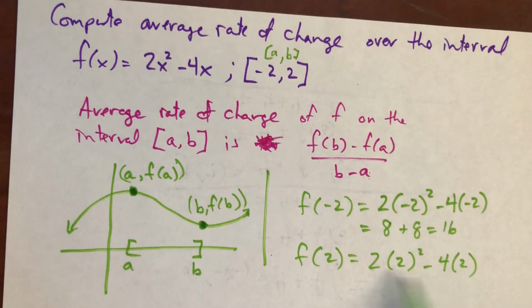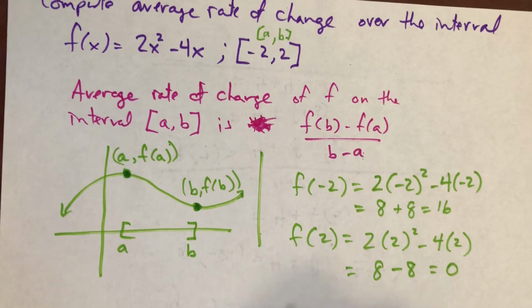We can simplify now. 2 times 2 is 4, times 2 is 8. Now we have -8, so that's 0. So really, graphically, what we're doing is finding the slope between the point (-2, 16) and the point (2, 0).